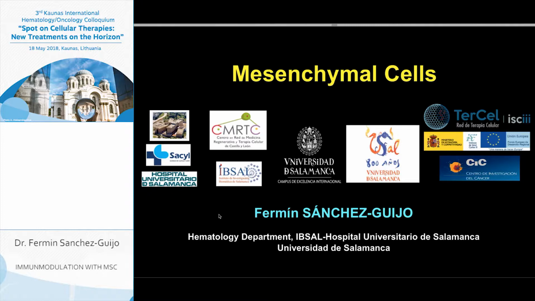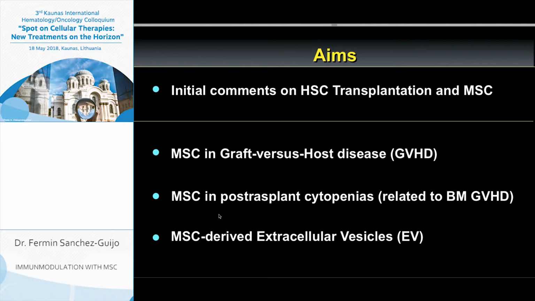I will cover the situation of MSC therapy in GVHD. It's very interesting, the information we have generated on the role of MSCs in a specific bone marrow GVHD, and I will finish with some insights on the role of extracellular vesicles from MSCs in the immunomodulatory role of these cells in the transplant setting.